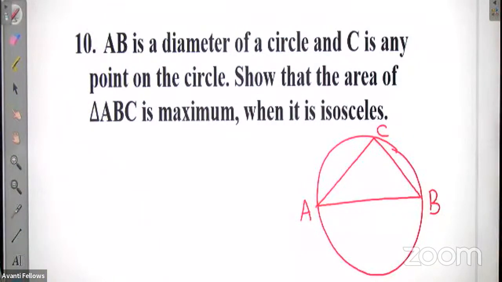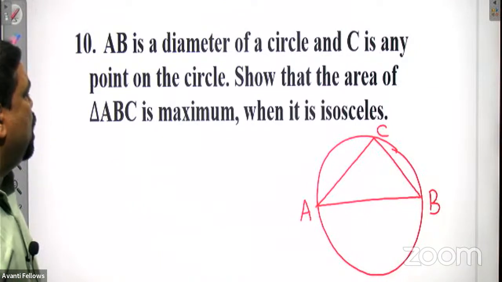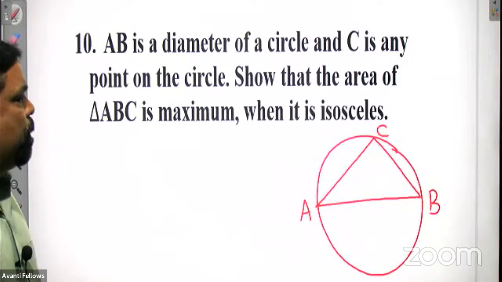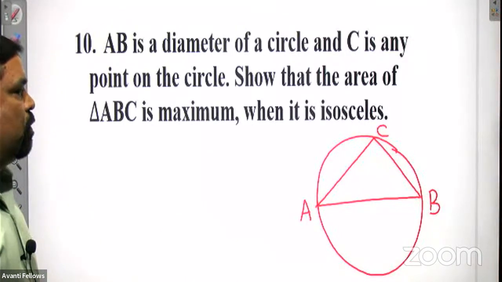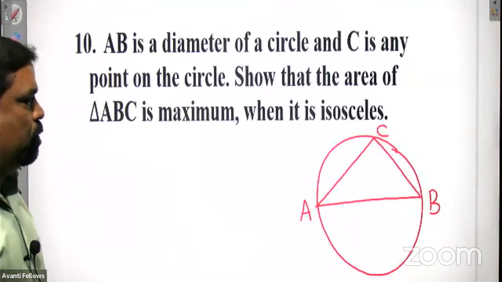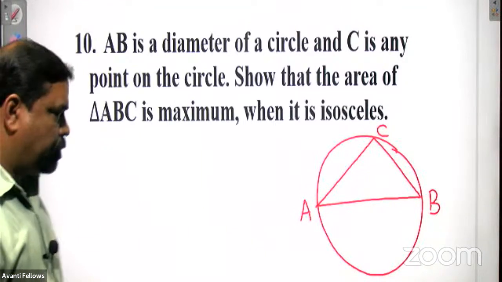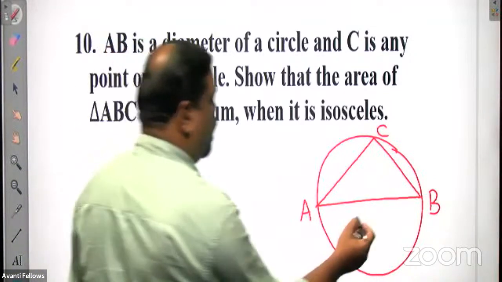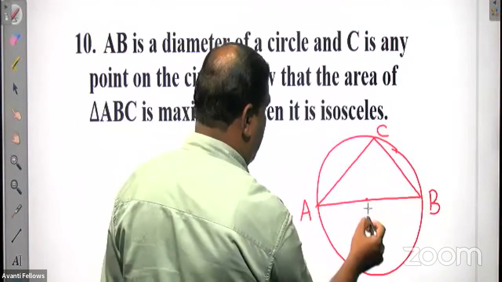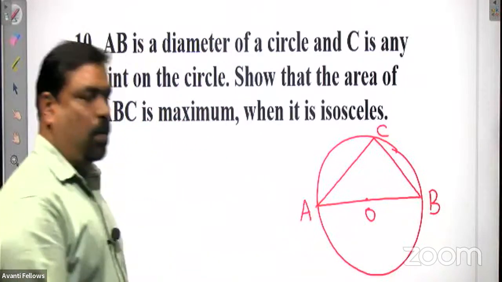C is any point on the circle. Show that area of triangle ABC is maximum when it is isosceles. So draw the figure. AB is a diameter. Let O be the center.